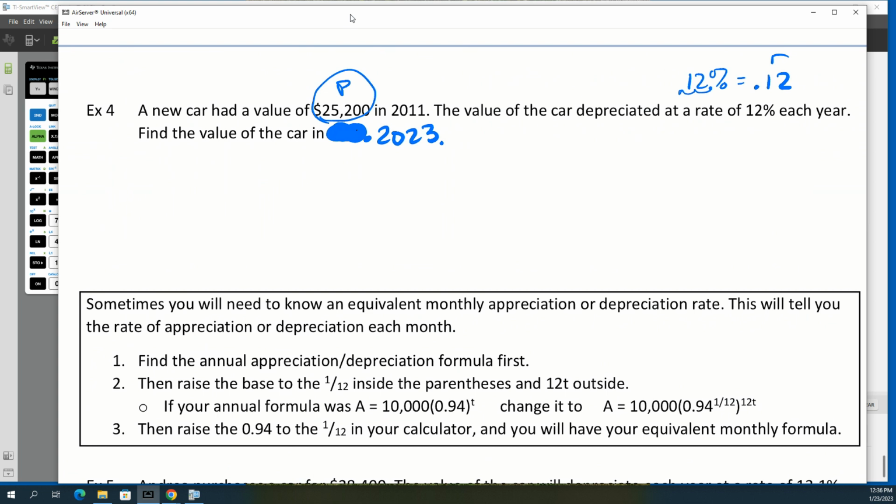And then what should T be? Like how many years has it been since we started? The car was purchased in 2011, and we want to find, we changed it to 2023. Sorry. So what should T be? 12, yeah.